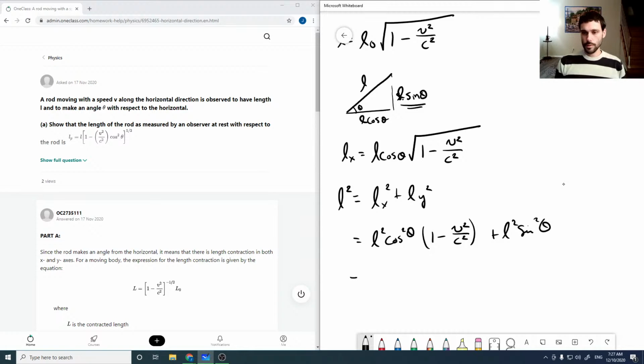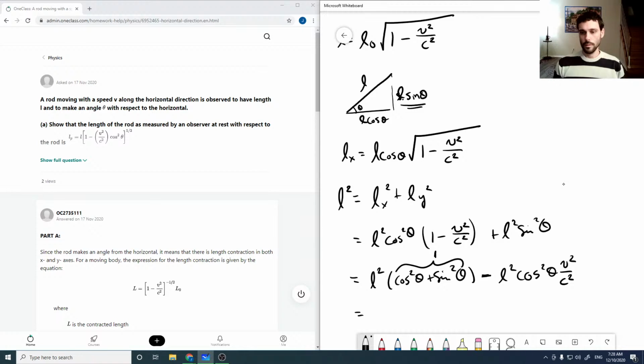And now separating the terms, we have L squared cos squared theta plus sine squared theta, minus an L squared cos squared theta v squared over c squared. So just separating and collecting, that equals 1. And so I'm going to bring out the L squared, so L squared times 1 minus v squared over c squared cos squared theta.